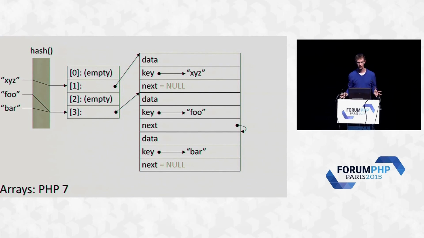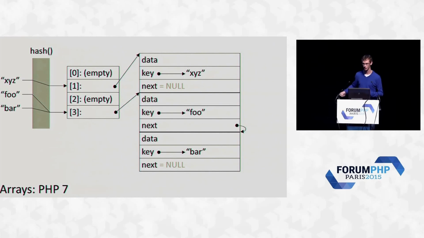And an additional advantage, or really sort of side effect of this change, is that we can no longer use pointers to buckets, because this array can be reallocated if you add additional elements. And if you reallocate a C-level element, then all pointers into it become invalid. So we simply can't do that anymore. And what we do instead is use indexes.